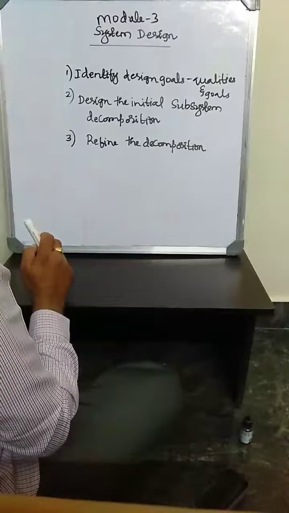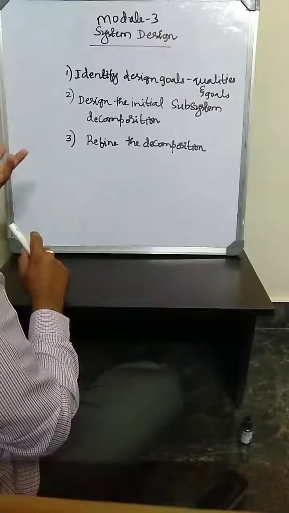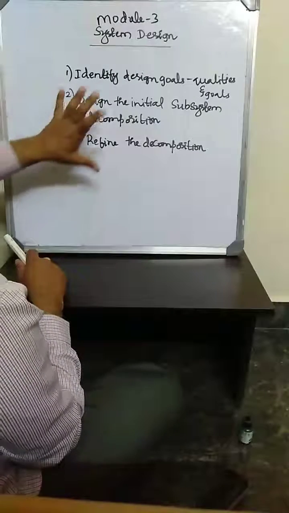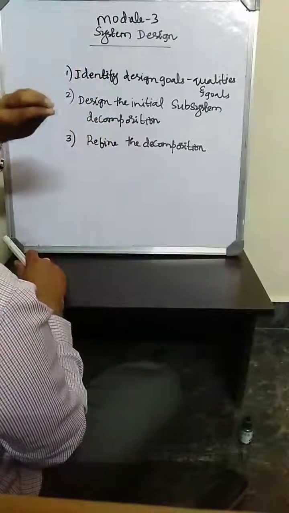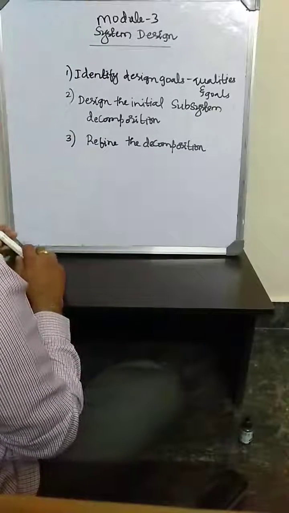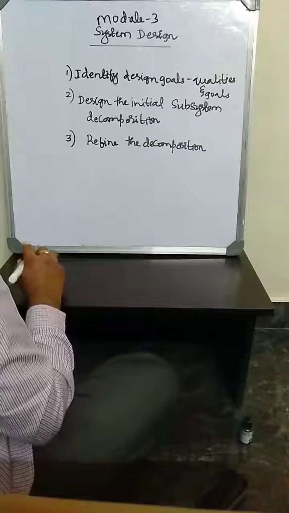The third one will be refinement. Refinement means improvement. Certain improvements may be possible for a subsystem decomposition that you may do. That is why we call it refinement. So that is the third possible step that you may find.